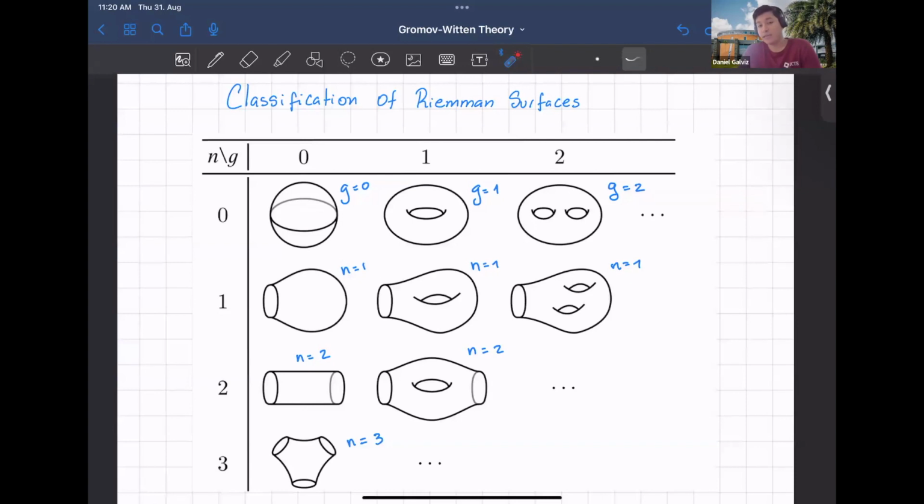Of course, this is the motivation from string theory, but Gromov-Witten theory wants to generalize this concept to more general cases of surfaces embedded into, for the physics motivation, a Calabi-Yau as our ambient space, but we can generalize to other ambient spaces that don't need to be Calabi-Yau.